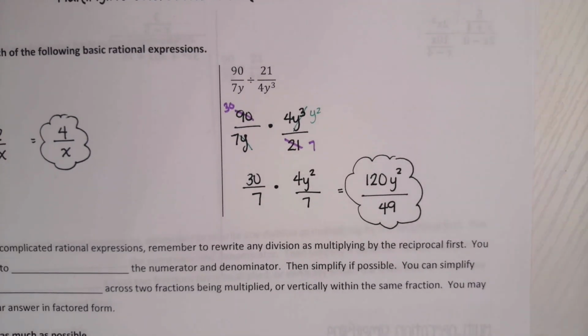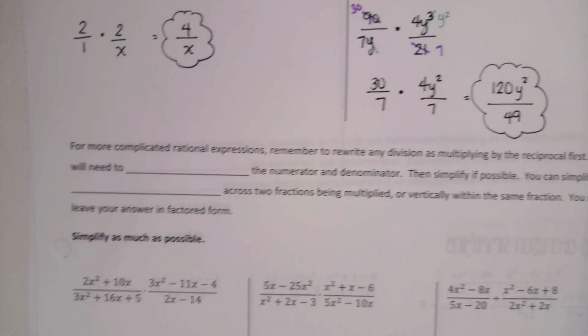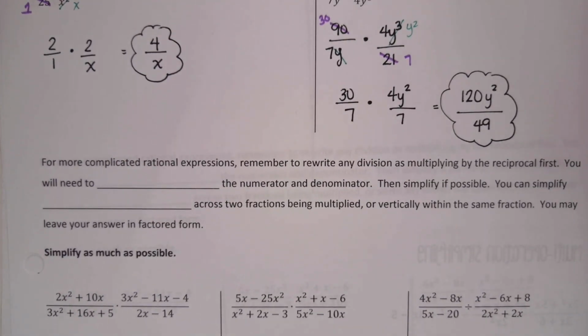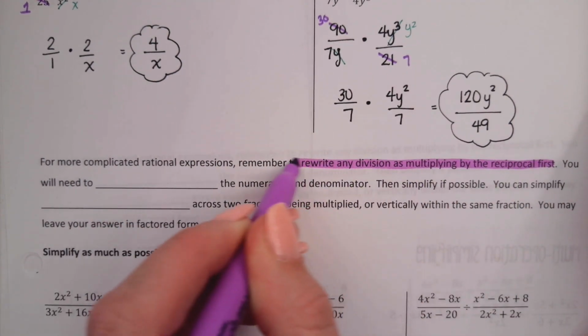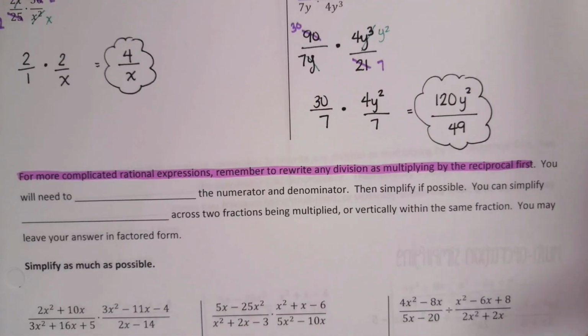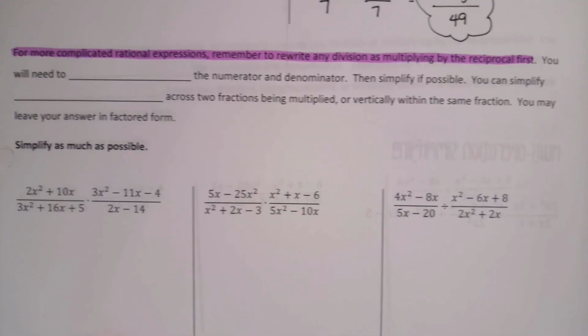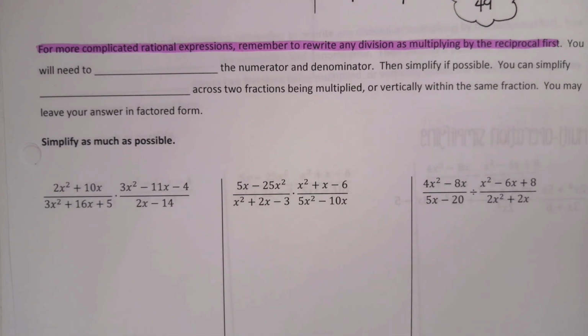Okay, on the bottom we have some more complicated ones. They have a little polynomial expression in the numerator or denominator. Please make sure you rewrite any division as multiplying by the reciprocal first. I even literally do this before I start factoring on these, because sometimes if you factor first, you're going to be tempted to cancel things that maybe don't cancel.